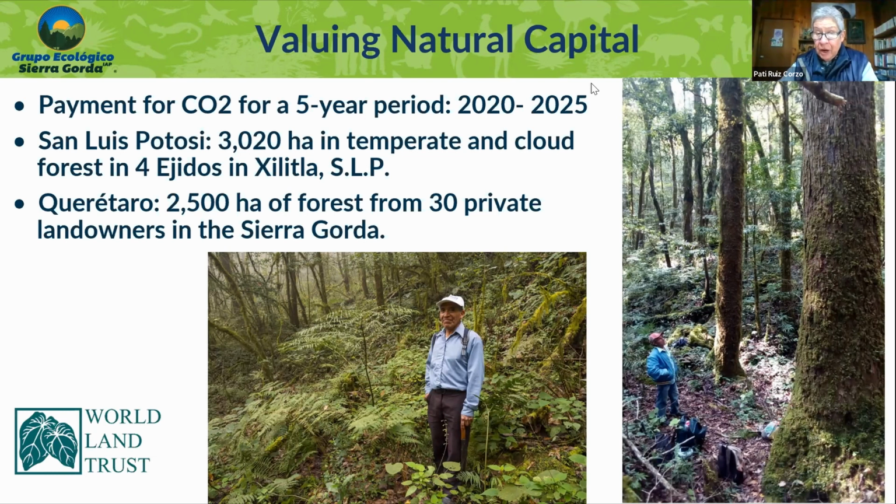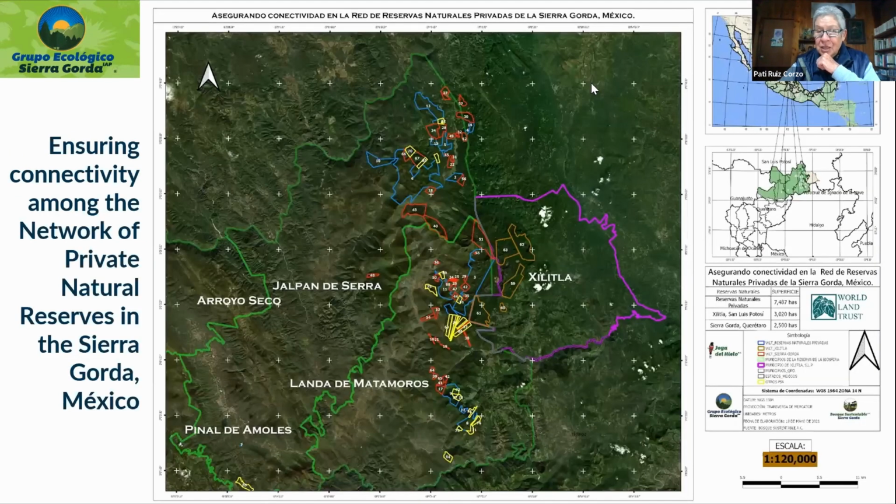You can see the miracle of those forests where the cattle has been excluded. We are not planting trees on a big scale as we used to do. We are just excluding the cattle, and maybe we have 20% more of the forest of what we used to have 20 years ago.